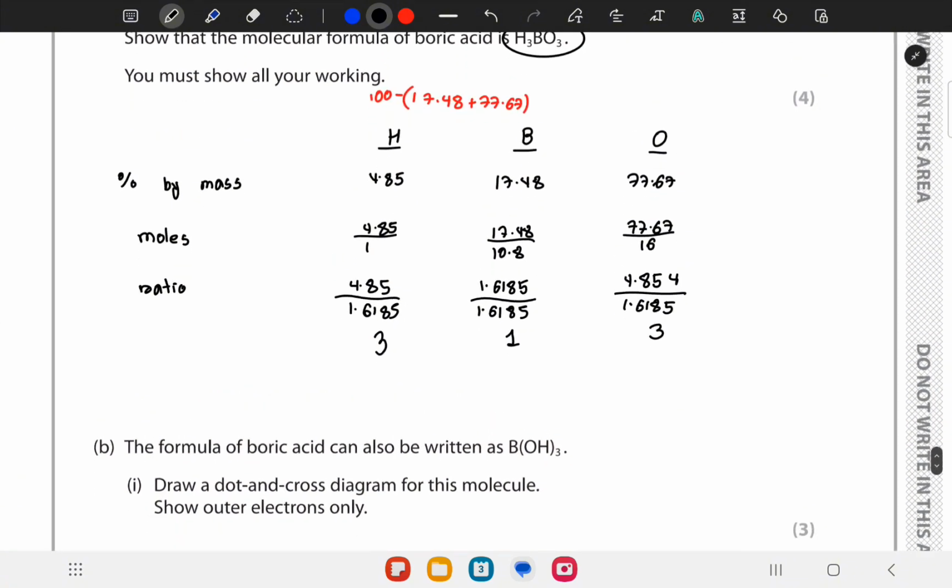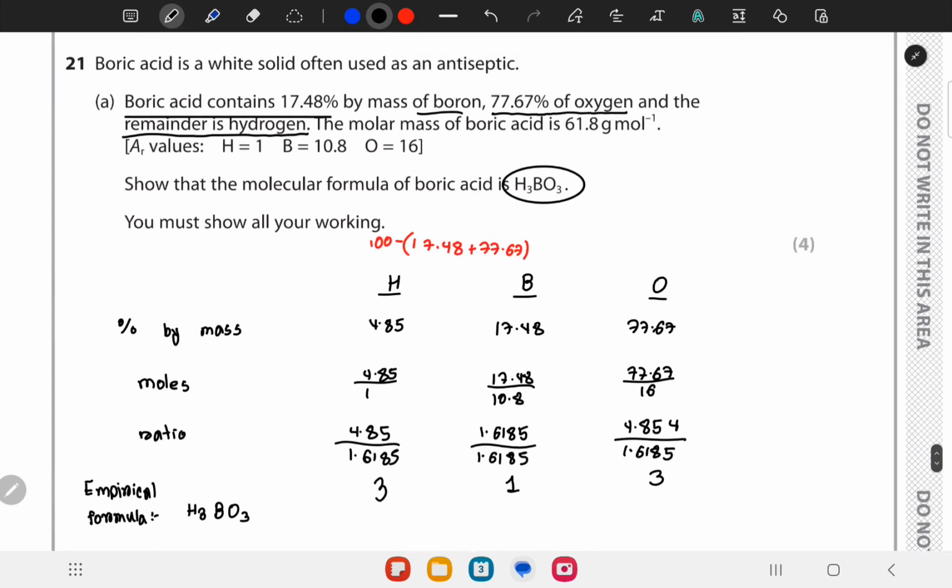Now we know the empirical formula is H3BO3. Now we have to show that the molecular formula is H3BO3 as well.